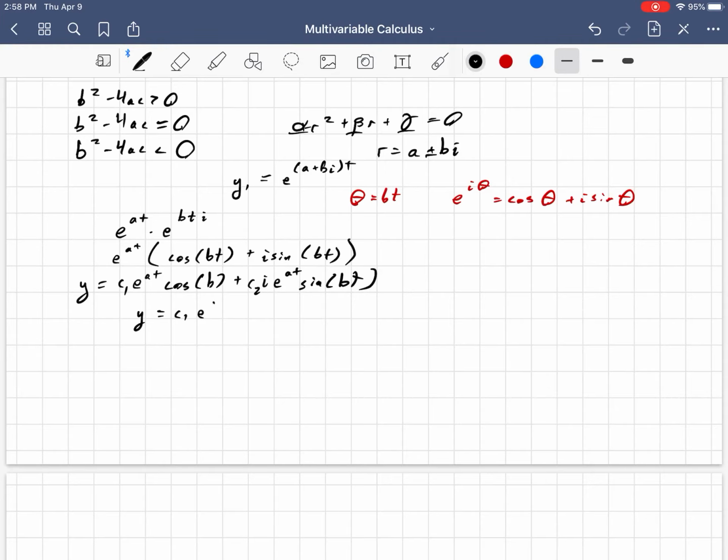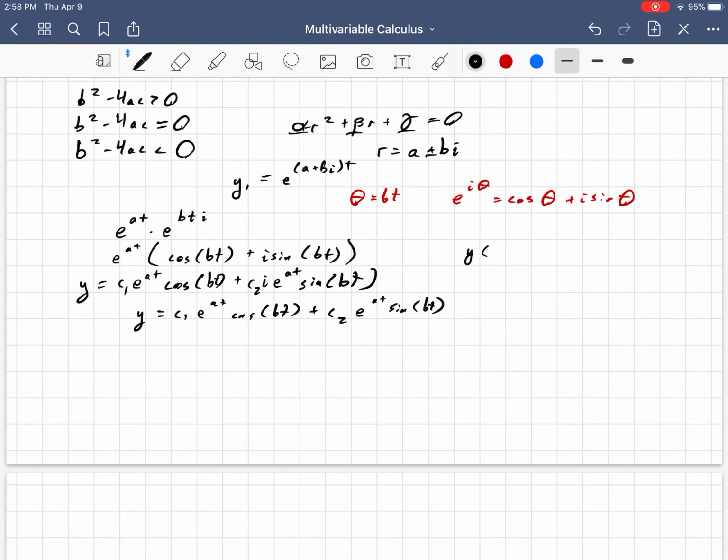Sometimes you'll see it written as y equals just c sub 1 e to the at cosine of bt plus c sub 2 e to the at times the sine of bt.